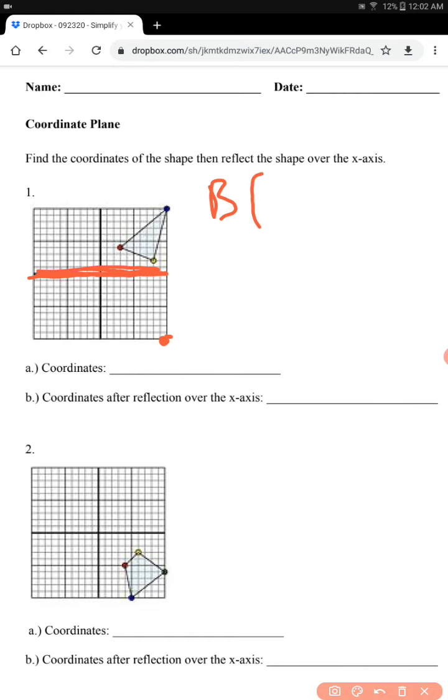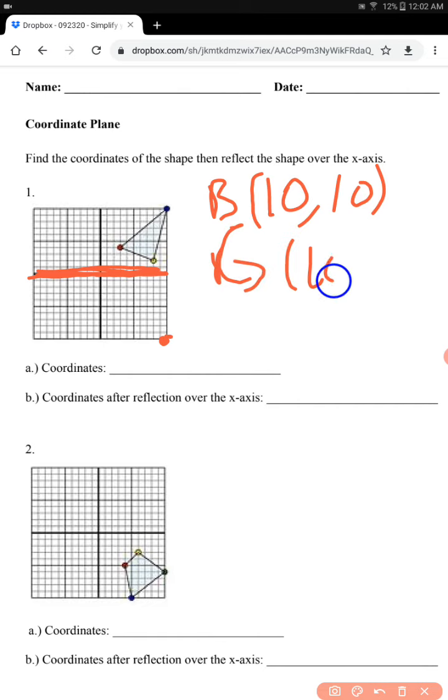Blue was 10, 10, but this point transforms into 10, negative 10. It goes 10 to the right, and then 10 down. So when it's reflected over the x-axis, it becomes 10, negative 10.